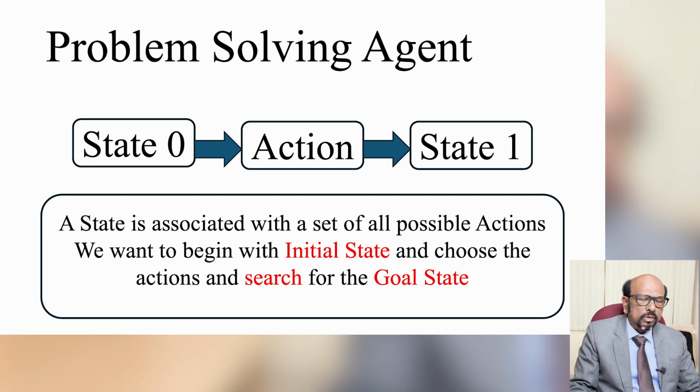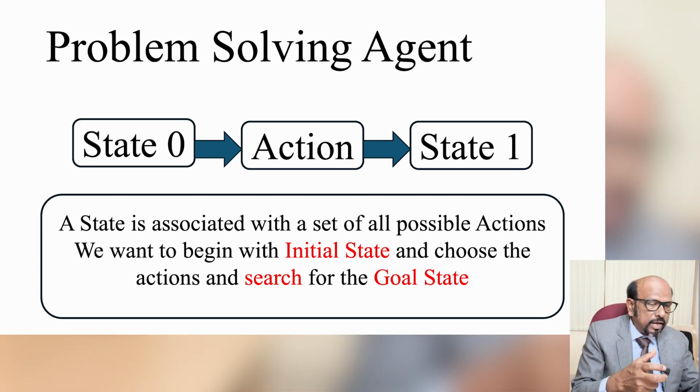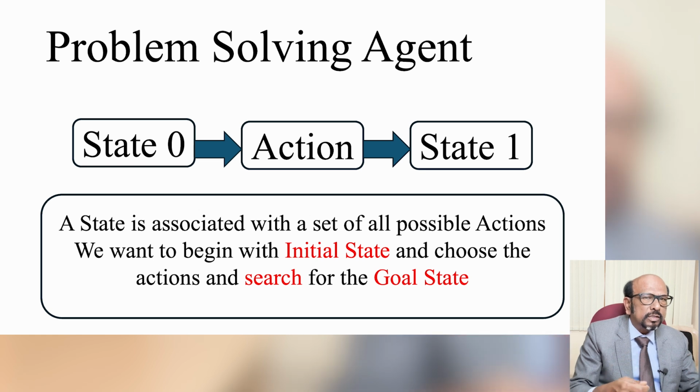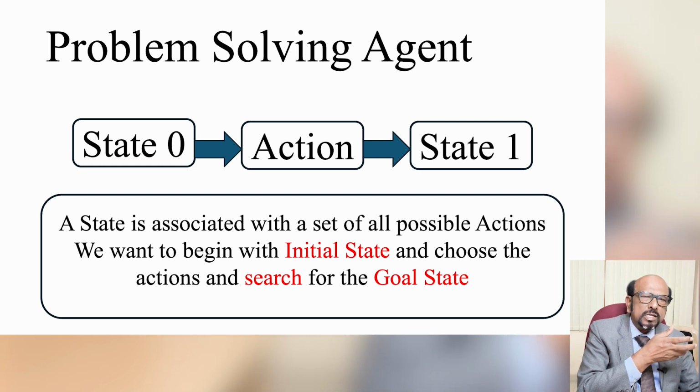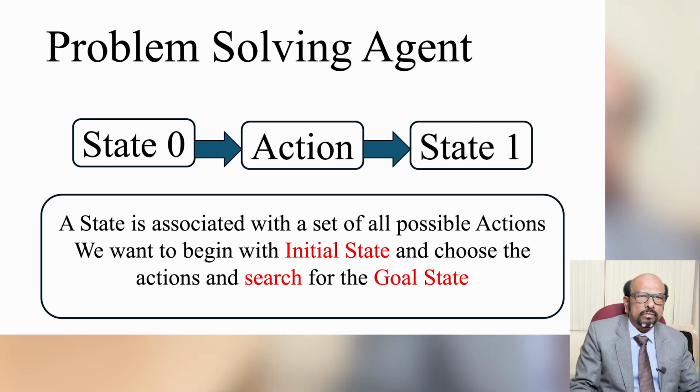And now, we want to begin with the initial state and choose the actions in such a way that you reach the goal state. So that is called the search for solution. Do one action, you reach another state. Do another action, reach another state. So you are searching for the solution in this way.